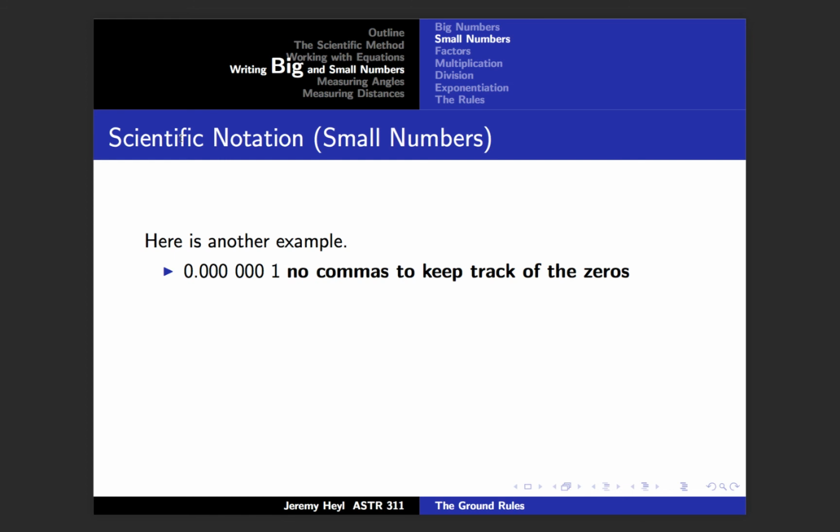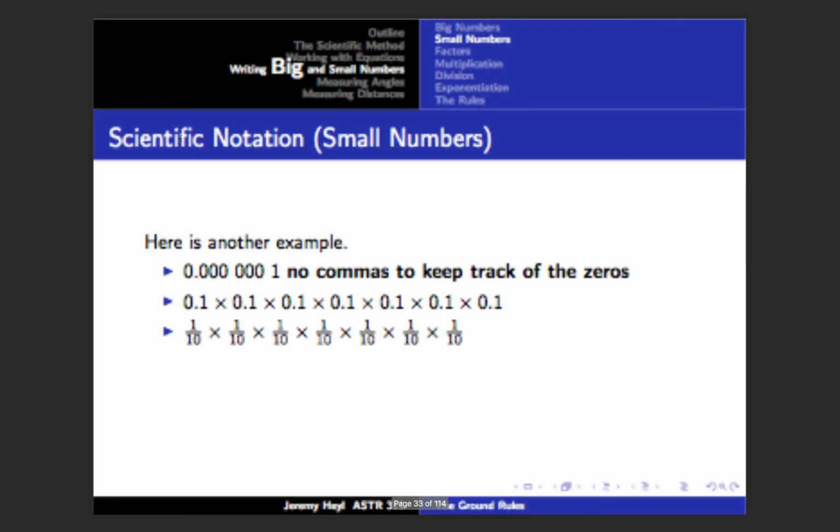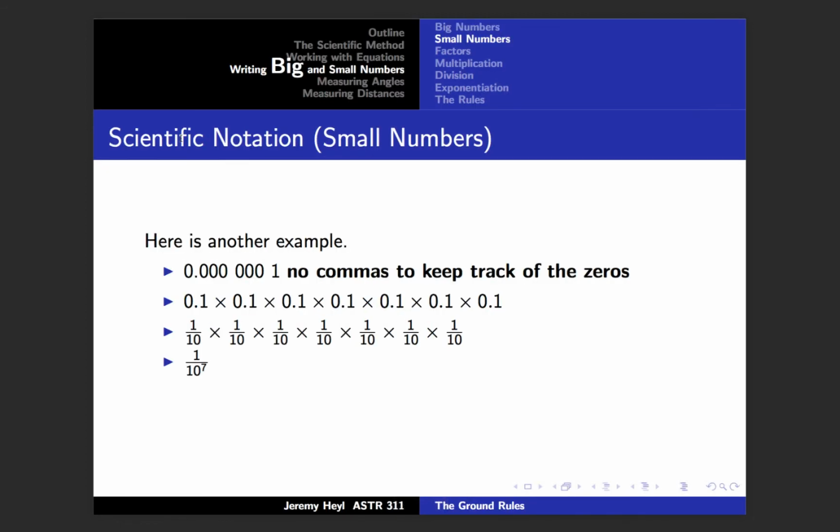Now we still have to do the small numbers. Again, when you write numbers between 1 and 0, you usually don't write commas. Here I've written them with a space to help us count. And this one we can think of as 0.1 times 0.1 times 0.1 times 0.1, and it's 7 times, it turns out. That's a tenth times itself 7 times, which is 1 over 10 to the 7, which we write as 10 to the minus 7.